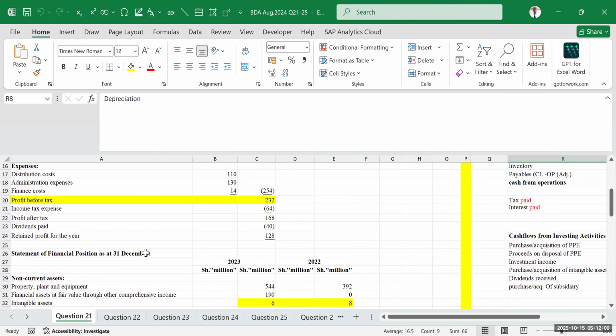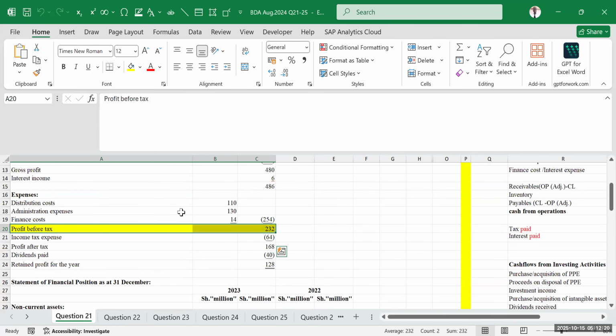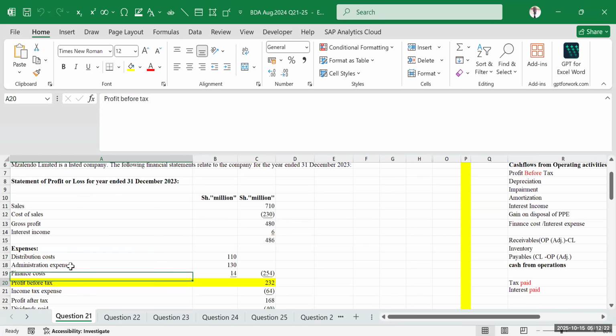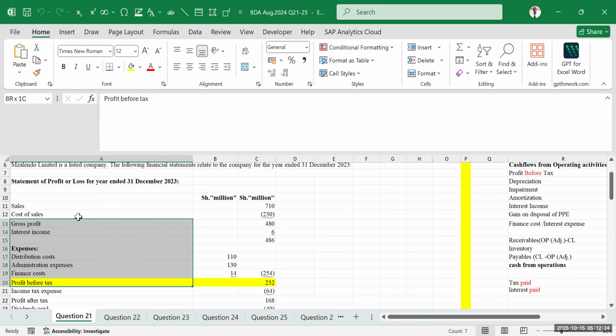And these are transactions that were used in determination of the profit or loss. So when we start from profit before tax, we literally check all those transactions that were adjusted from the sales or from the revenue, so that we try to correct it by checking on non-cash items.